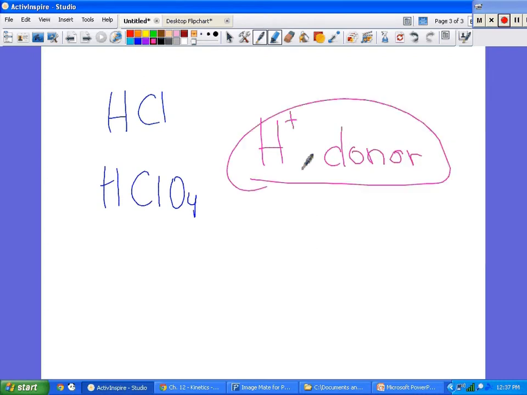So an acid is an H plus donor. So what does the donor mean? They give it away. So every single one of these are going to do what with their H's? Give them away. Okay. So when I put it into something, it's going to turn into something else. So that is the basic definition of an acid.